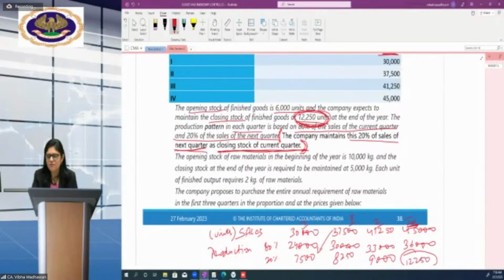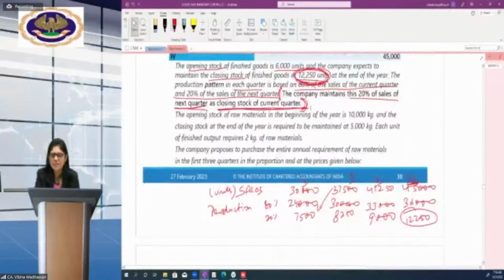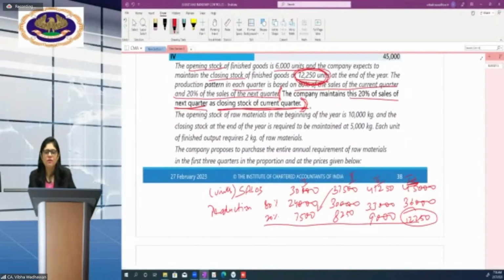If you read the last line, the company maintains 20% of the sales of next quarter as closing stock of the current quarter. So 7,500, the 20% sales of the next quarter, will be the closing stock for first quarter. 8,250 is also the closing stock for second quarter. 9,000 is also the closing stock for third quarter. And 12,250, they have given us the closing stock.